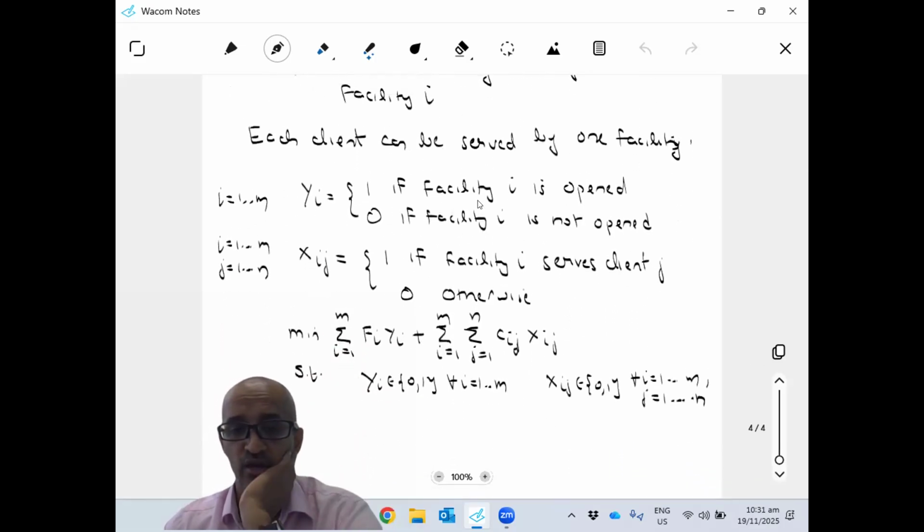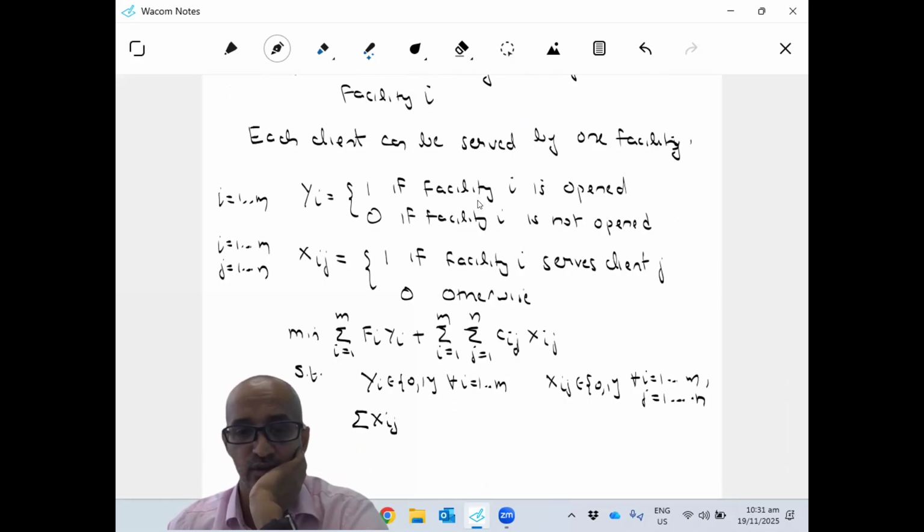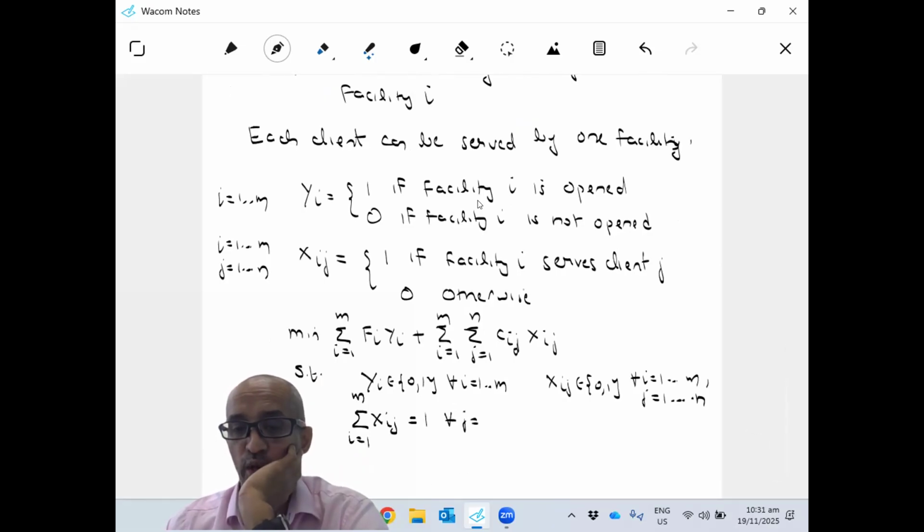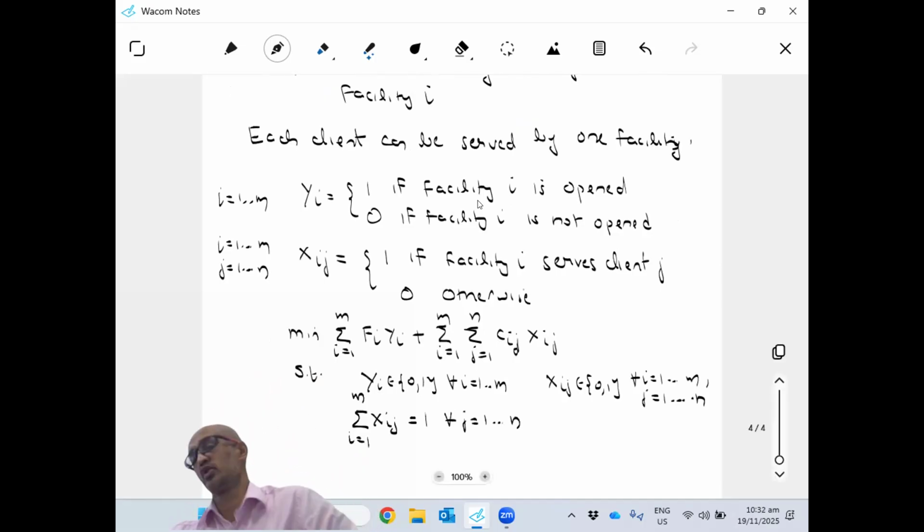So I will have one constraint, which is saying the summation of xij, sum across all facilities, has to equal 1 for j going from 1 up to n. So for every client, exactly one of the xij's will add up to 1 across all i, because x's are binary, so exactly one will be forced to 1.